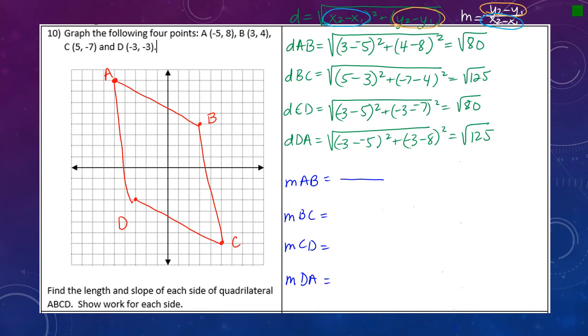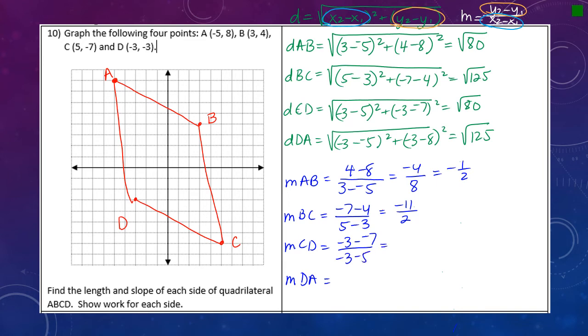So for AB, I would have 4 minus 8 over 3 minus negative 5. 4 minus 8 is negative 4. 3 minus negative 5 is 8. And if you reduce, you get negative 1/2. For BC, we would have negative 7 minus 4 over 5 minus 3. Negative 7 minus 4 is negative 11, and 5 minus 3 is 2, and there's nothing else I can do to simplify there. CD, I would have negative 3 minus negative 7 over negative 3 minus 5.